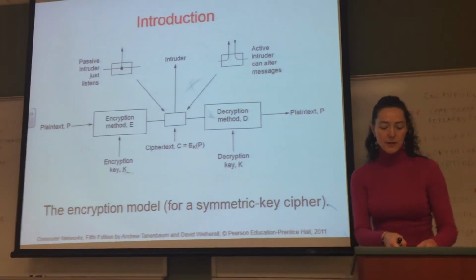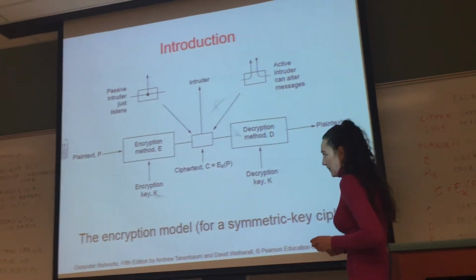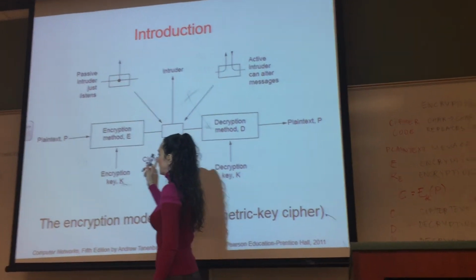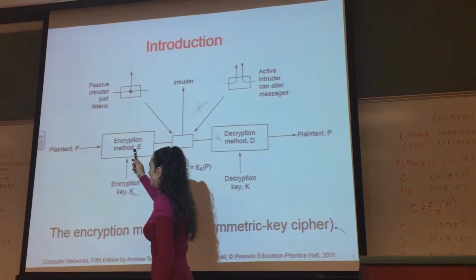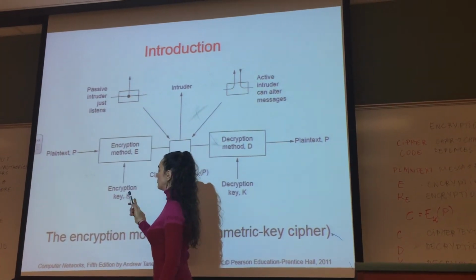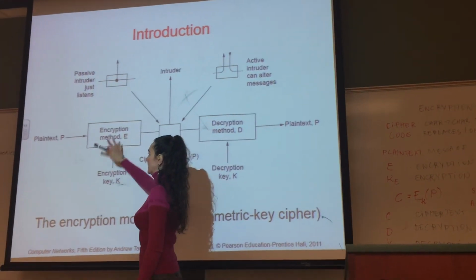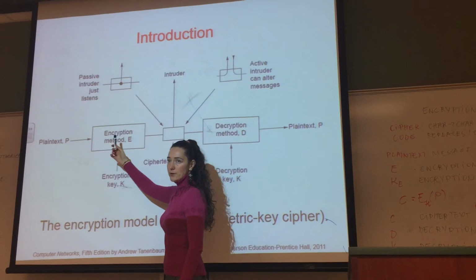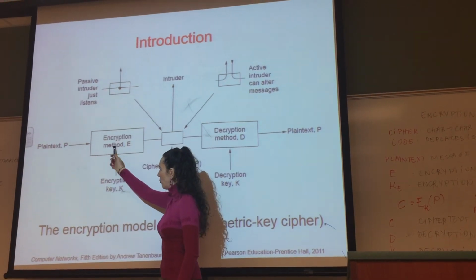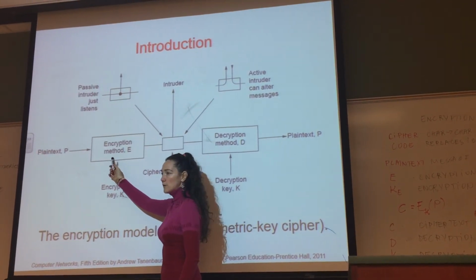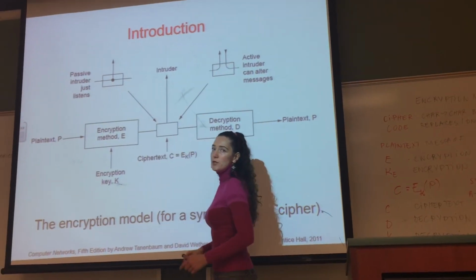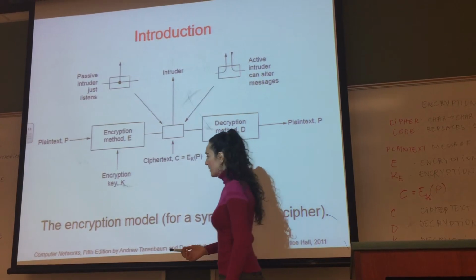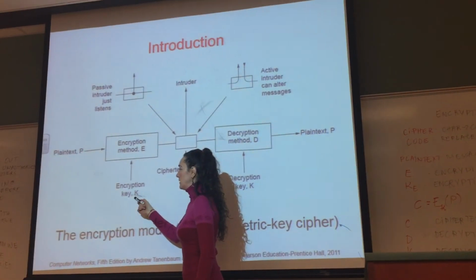So what happened is that in the past, when the first encryption methods were created, they tried to keep the method secret. How do we convert this into ciphertext? This part was secret, but unfortunately it never works. No matter how hard they tried, always somebody figured out what the encryption method was. So eventually they decided to allow the method to be public knowledge, and the only thing that's private is the actual key.